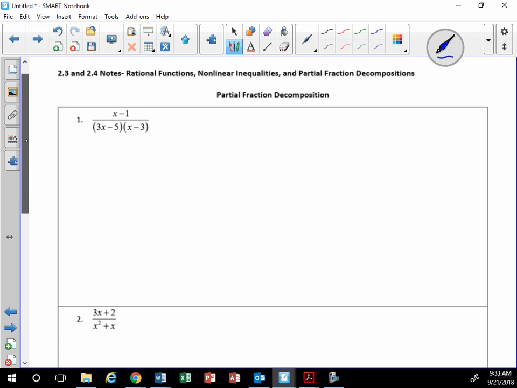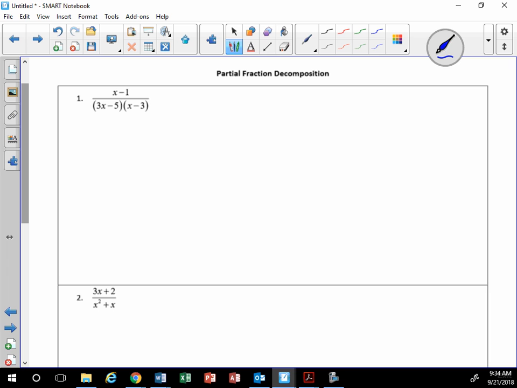All right, partial fraction decomposition. So this is completely different than anything you've ever done before, okay? So what we are doing is sort of undoing the finding of a common denominator with a fraction. We're kind of working backwards. So this would have equaled A over 3x minus 5 plus B over x minus 3.